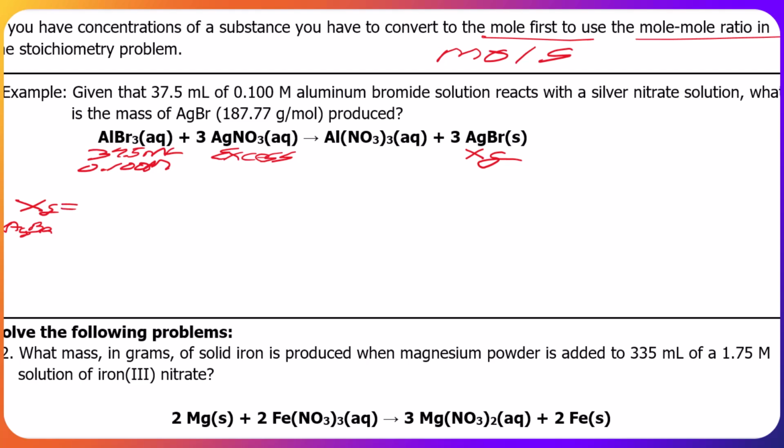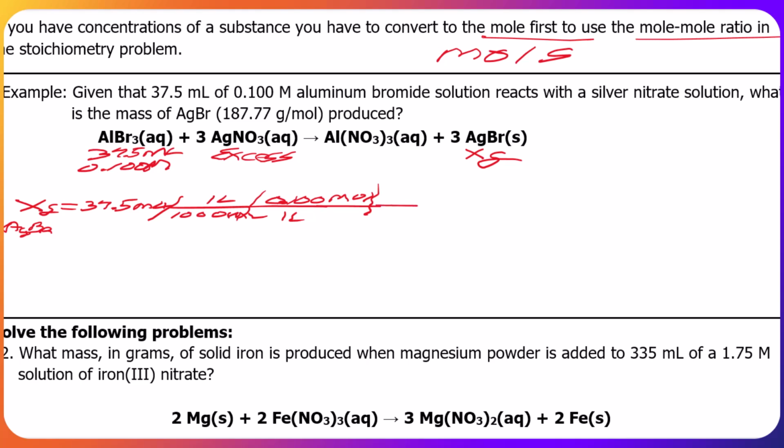So here we go. I've got 37.5 milliliters. I'm going to go ahead and convert milliliters to liters. How do I do that? I divide by 1,000 milliliters per liter, and then every 1 liter of aluminum bromide is 0.100 moles. It's not capital M. Moles over liters is capital M. That's what molarity means, moles over liters.